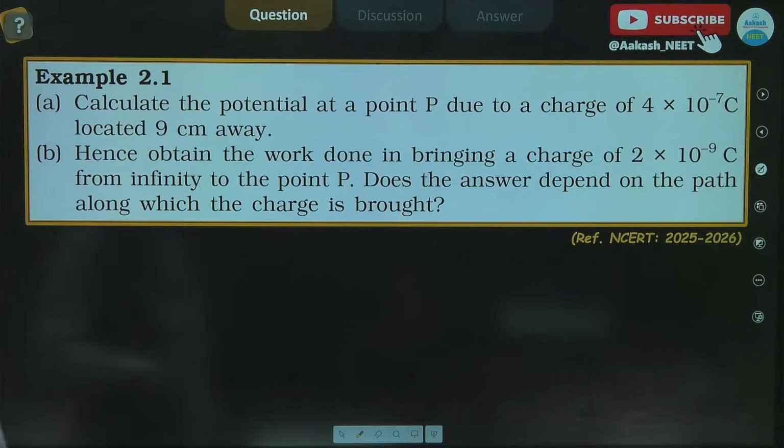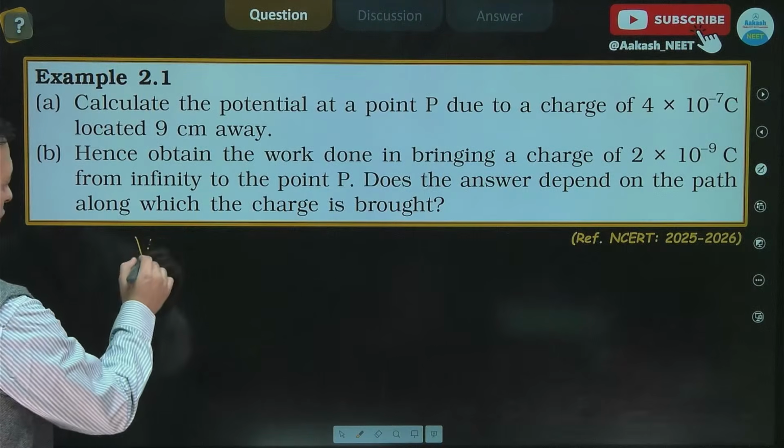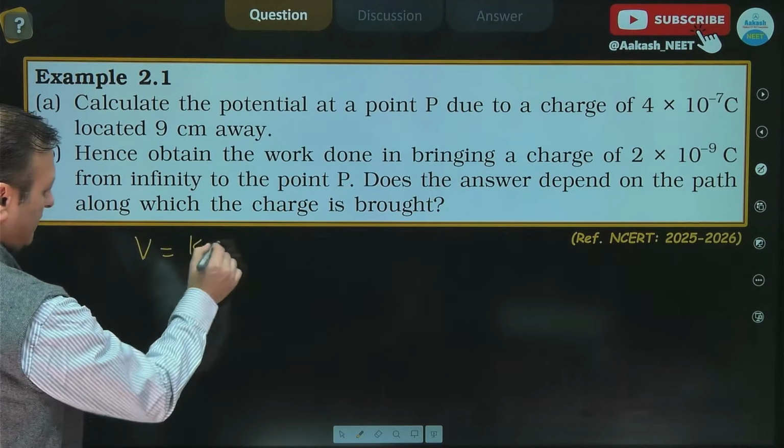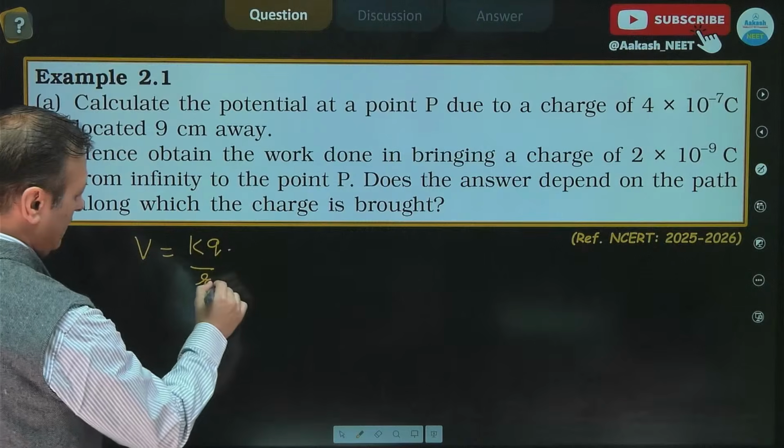Now we have chapter 2. Calculate the potential at a point P due to a charge 4 into 10 to the power minus 7 coulomb located 9 centimeter away. So we know potential due to a point charge is given by kq by r.